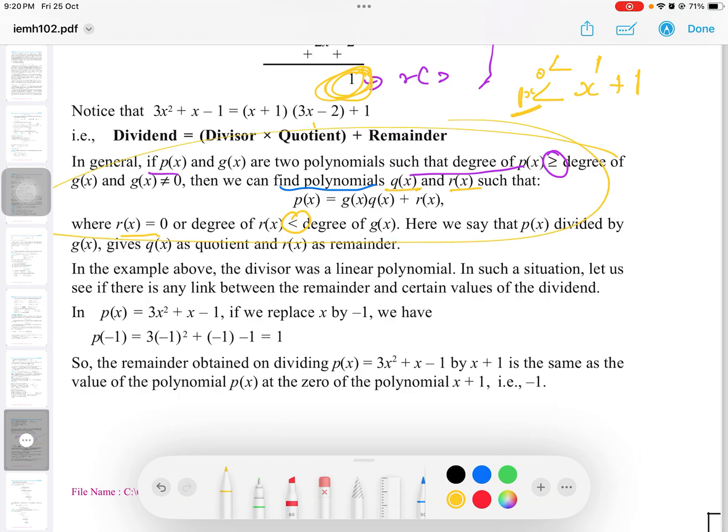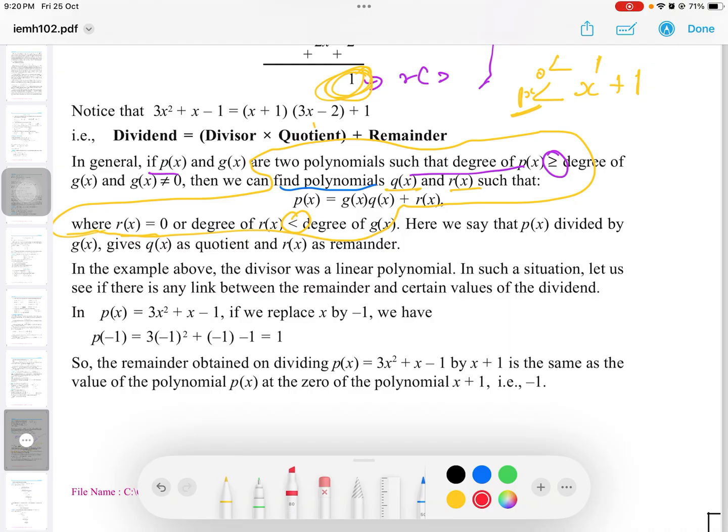Then if it satisfies all these conditions, let me underline that, we can say that p of x divided by g of x gives q of x as quotient and r of x as remainder.